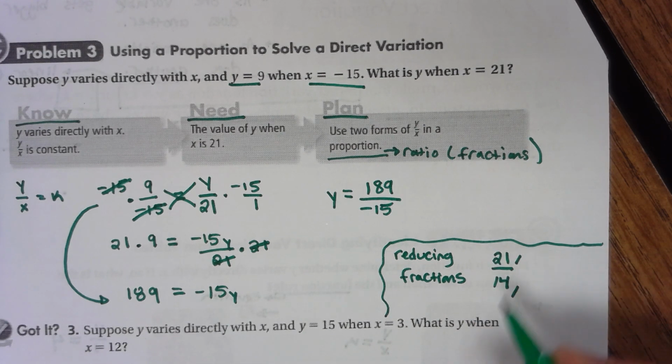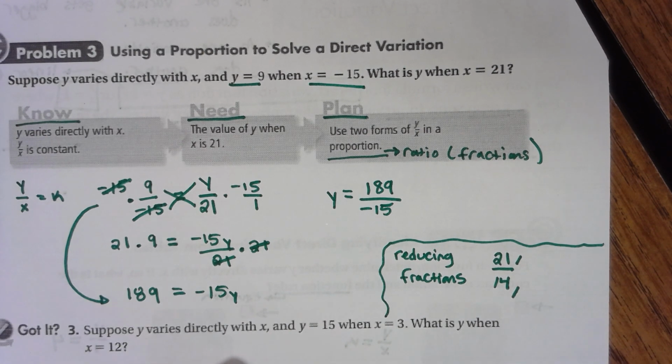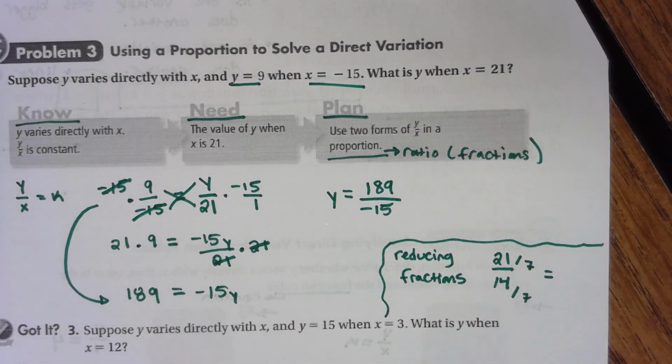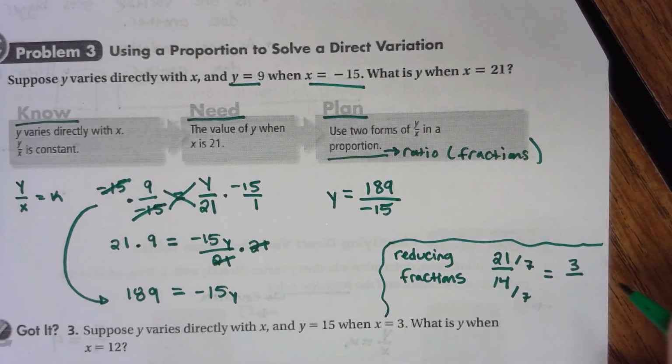If you find the biggest number to start, then it's just a one-step process. But sometimes you might have to divide a number from the top and the bottom multiple times to truly get it reduced down. So 21 and 14, they're both divisible by 7. So I divide the numerator of 21 by 7 to get 3, and the denominator by 7 to get 2, giving me 3 halves. So 21/14 is equivalent to 3 halves, where 3 halves is the most reduced version of that.